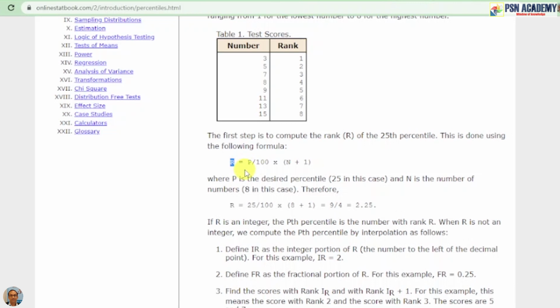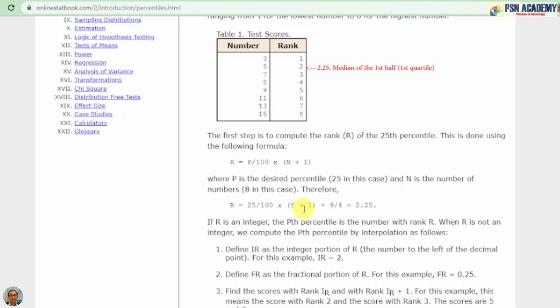Now if you are interested in finding the score of the 25th percentile, he is asking you to take 25 by 100 and multiply it by the total number of scores plus 1, that is 8 plus 1. Actually, you can see that he is trying to find the first quartile, that means the median of the first half.